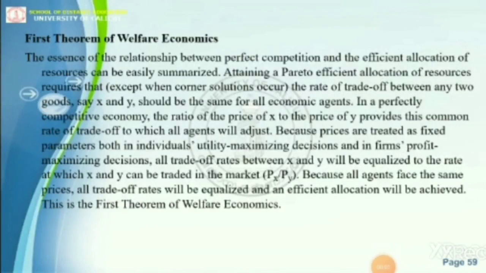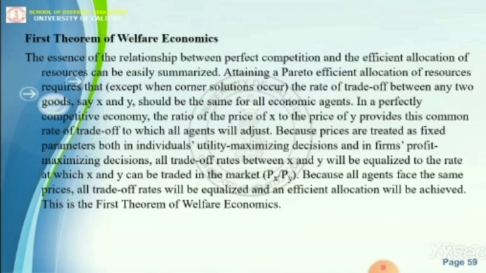First theorem of welfare economics. The essence of the relationship between perfect competition and the efficient allocation of resources can be easily summarized. Attaining a Pareto efficient allocation of resources requires that, except when corner solutions occur, the rate of trade-off between any two goods, say x and y, should be the same for all economic agents. In a perfectly competitive economy, the ratio of the price of x to the price of y provides this common rate of trade-off to which all agents will adjust.